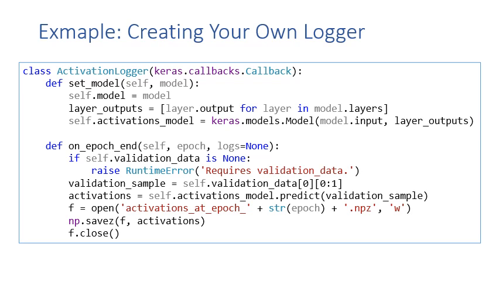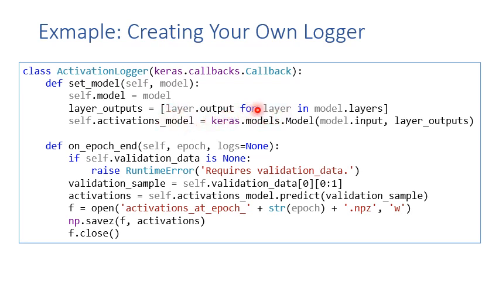Let's try to implement our own callback class, which is called ActivationLogger. The goal of the ActivationLogger is to save the output of the activation functions. So first we need to override the set_model function, and then we first save the model, and then we collect all the outputs.